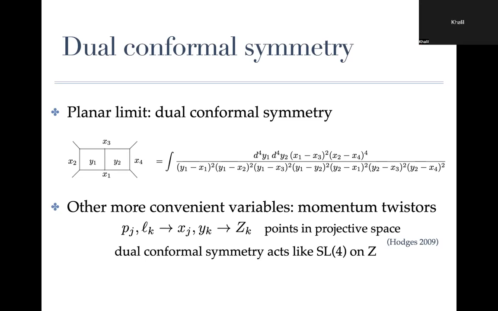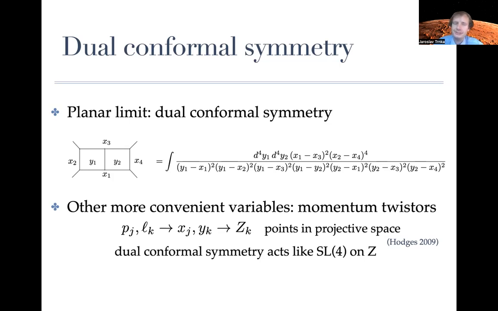Now, instead of using the standard momentum variables, external momenta and loop momenta, we can use these dual variables, but it's actually just a middle step for us. From there, we change the variables once again, and we use something called momentum twistors.